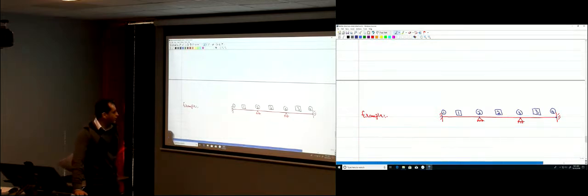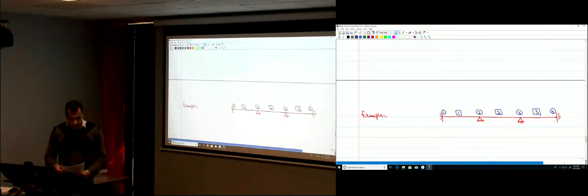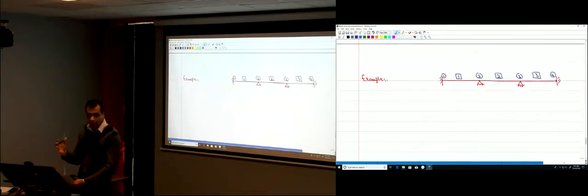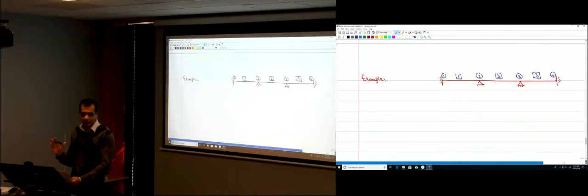So at each node, there can be 2 degrees of freedom: a vertical displacement and a rotation. So how many degrees of freedom do we have here? 8, right? A total of 8 motions that can happen. But definitely some of them are restricted or constrained. They cannot happen. So let's write this problem here.